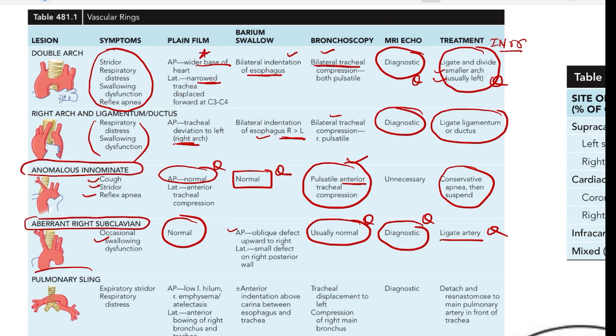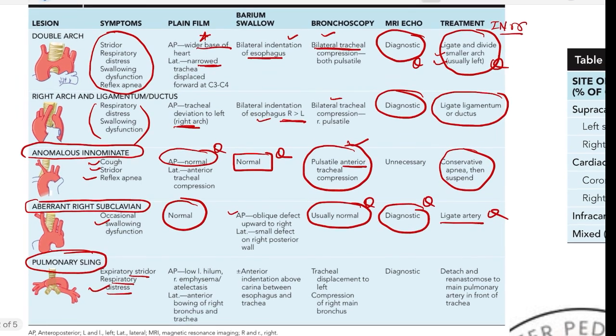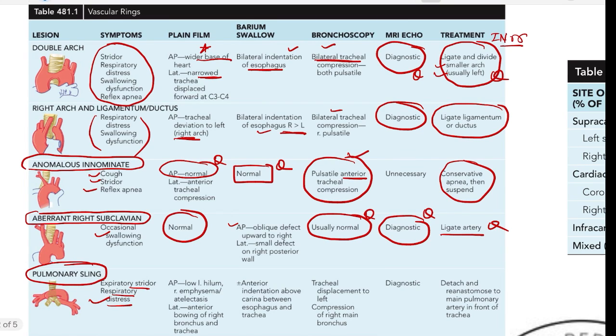Pulmonary sling, this was a previous year's NEET SS question. So, expiratory stridor and respiratory distress; just see, swallowing difficulties are not there. In this condition, AP shows low left hilum, emphysema, atelectasis changes will be seen, and on barium swallow it may be present or absent, plus minus anterior indentation above carina between esophagus and trachea.